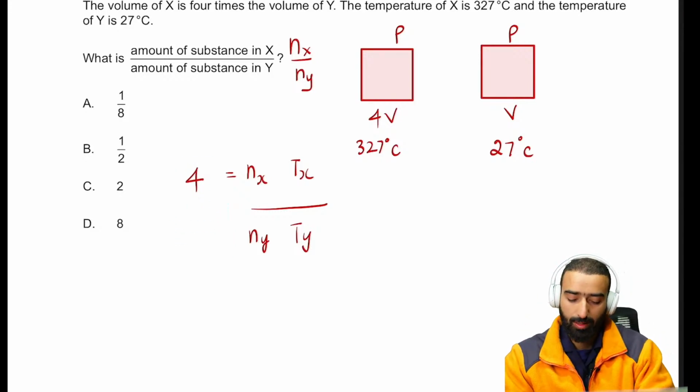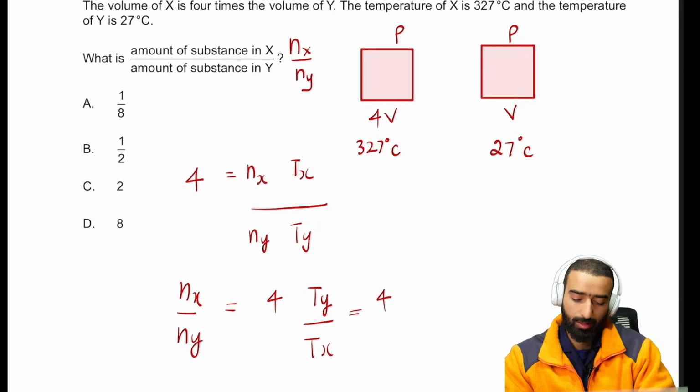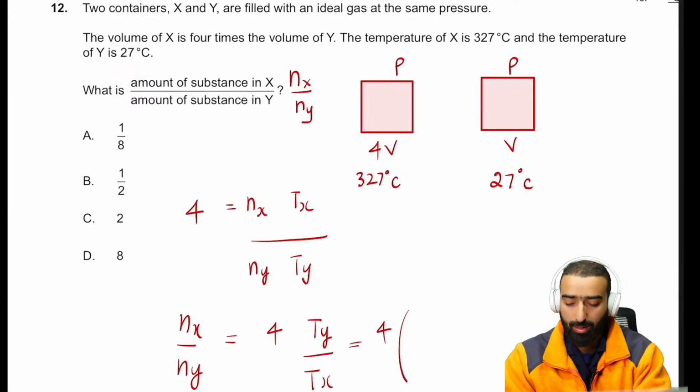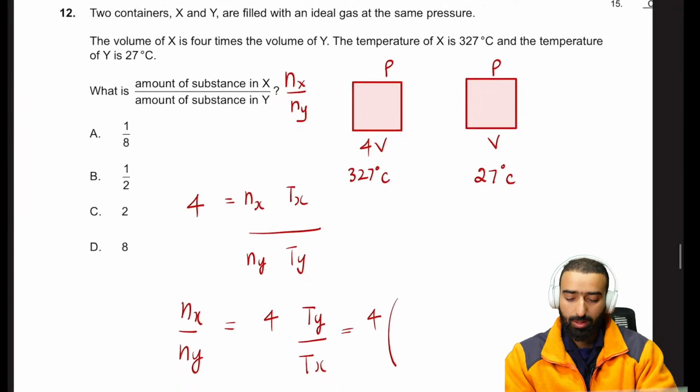All right. Let's solve for Nx over Ny. If I do that, Nx over Ny is 4 times the temperature of Y over the temperature of X. Okay, what's the temperature of X? Keep in mind that we should always use the Kelvin temperature. So we need to add 273 to every temperature that's in degrees Celsius. Now what's Ty then?